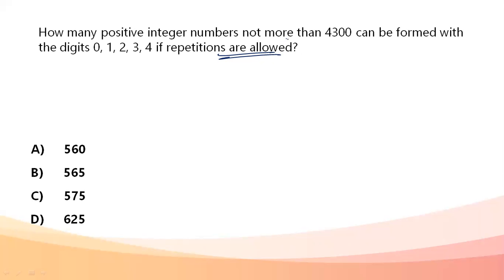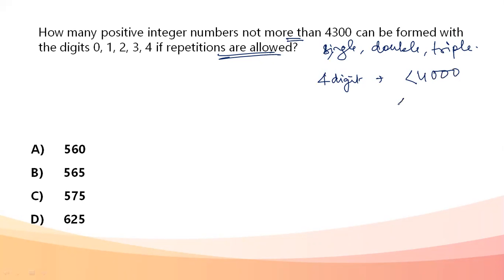I can form single digit, double digit, and triple digit numbers also. But for four digit numbers, I'm going to divide the range as numbers less than 4000 and numbers between 4000 and 4300.